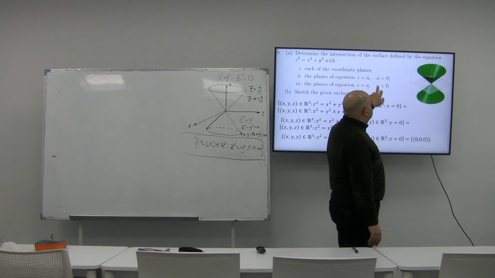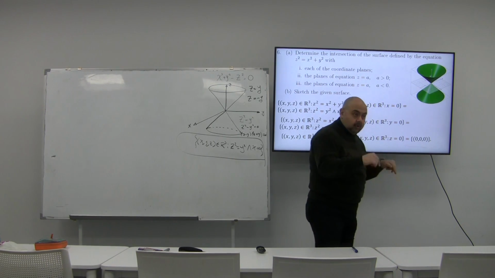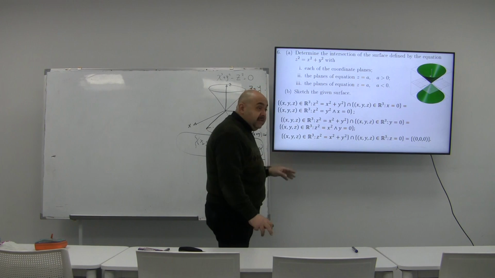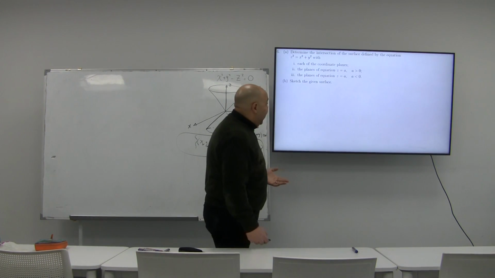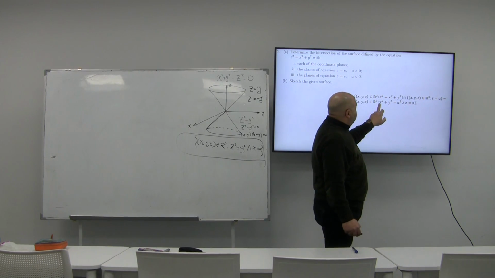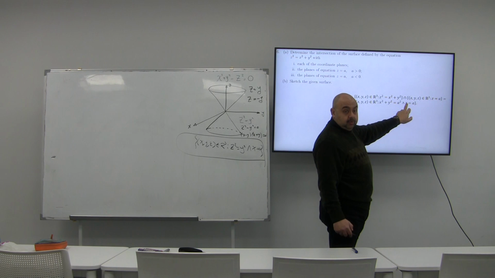But when a is less than 0 you will have also a circle but with the lower or the other part of the space with z equal to a negative sign. So this is going to be the case. I will have x squared plus y squared equal a squared, but remark that z equal to positive a.